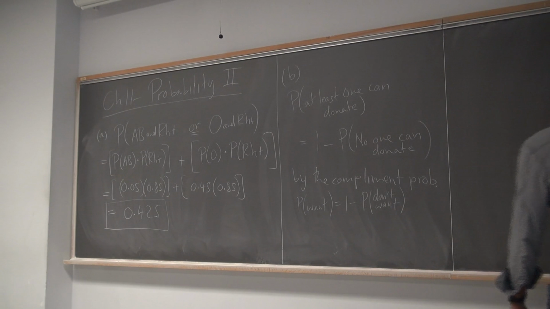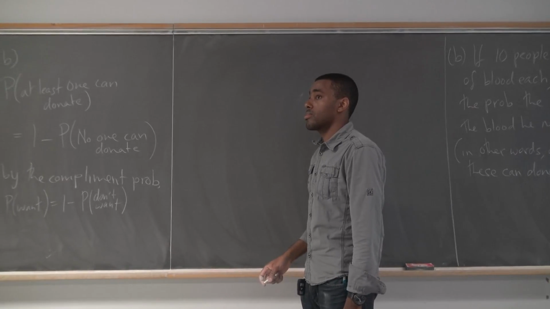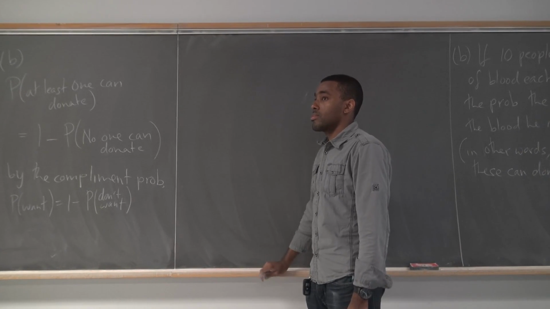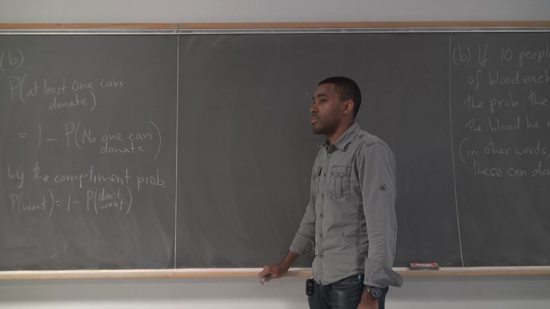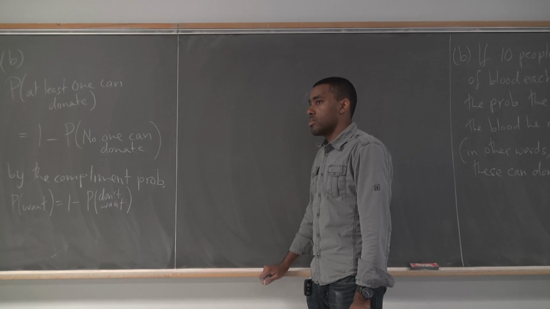All right, now let's see who has their thinking cap on. How do I figure that out? Would the probability that no one can donate be the sum of the probabilities of everything except the other thing? No, why would you think of a sum?